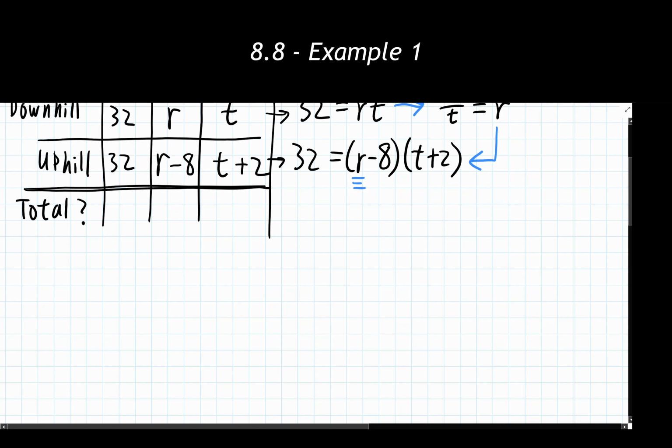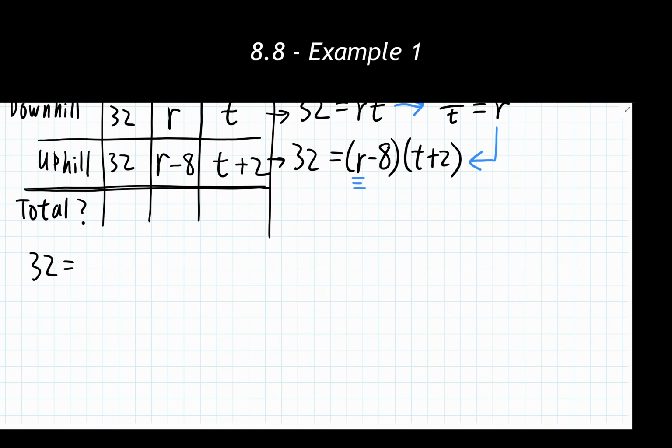So my new equation is going to be 32 equals (32 over t minus 8) times (t plus 2). And now I'm going to solve this resulting equation using all of my previously learned methods. So I'm going to use the distributive property and do 32 over t times t, and then 32 over t times 2, which is going to give me 32 plus 64/t.